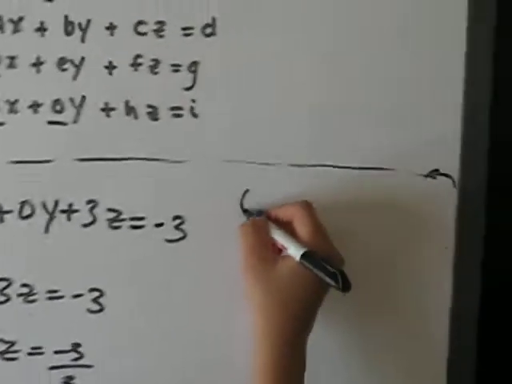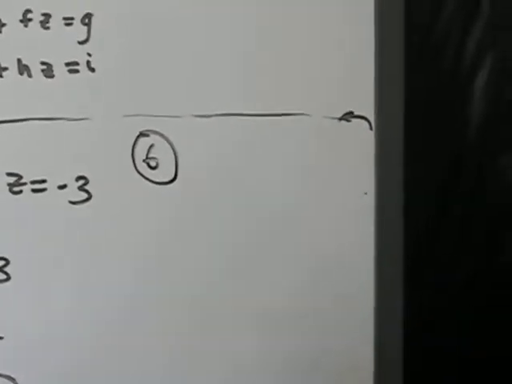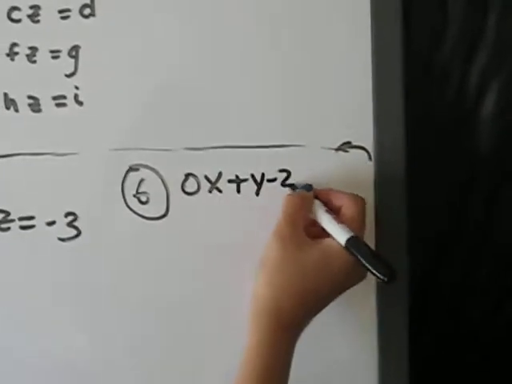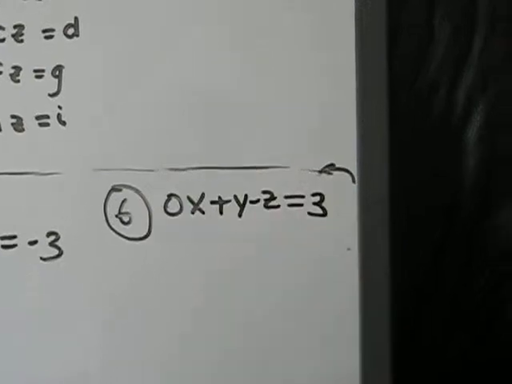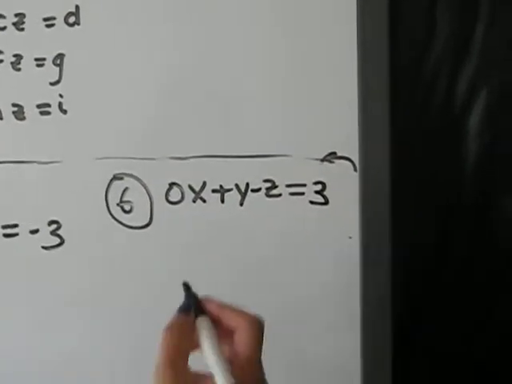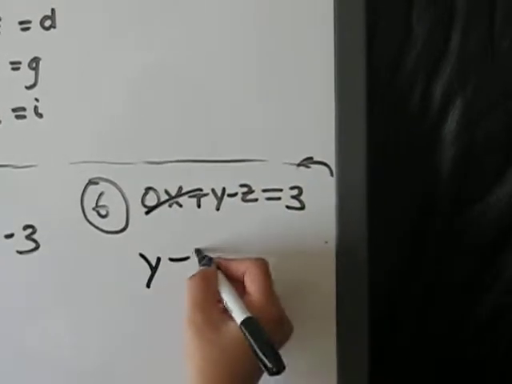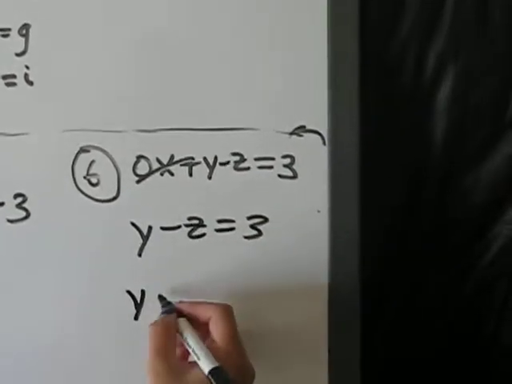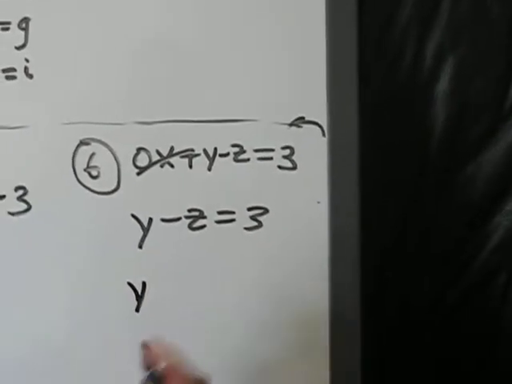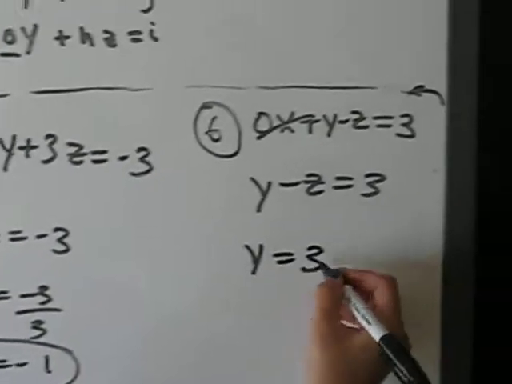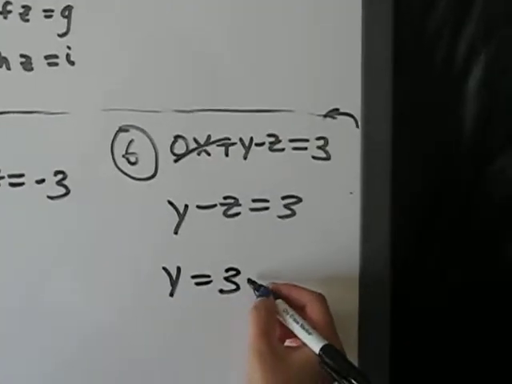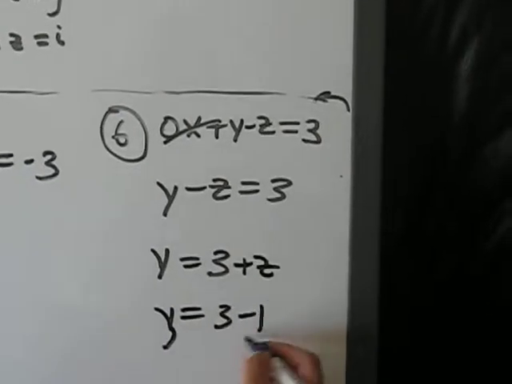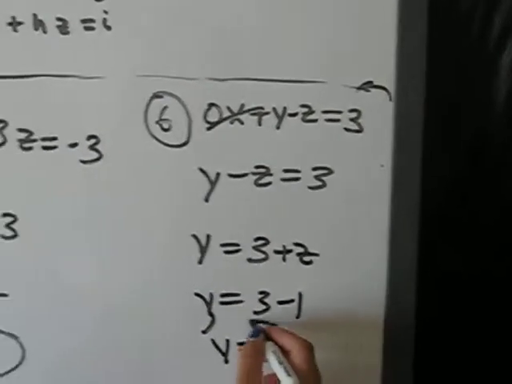Next, you are going to do equation number 6, which is 0x plus y minus z equals 3. So it's y minus z equals 3. And we already established that z is -1, so bringing it over to the other side would just be y equals 3 plus z, y equals 3 minus 1, so y equals 2.